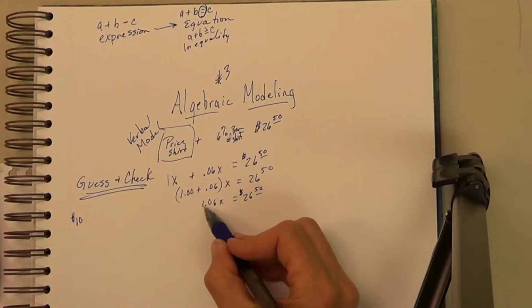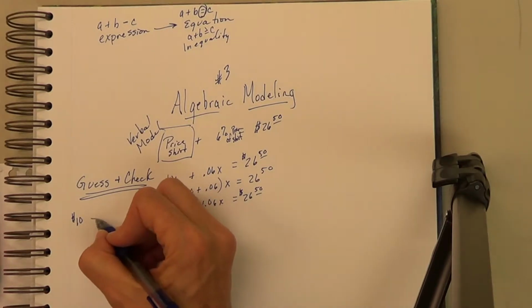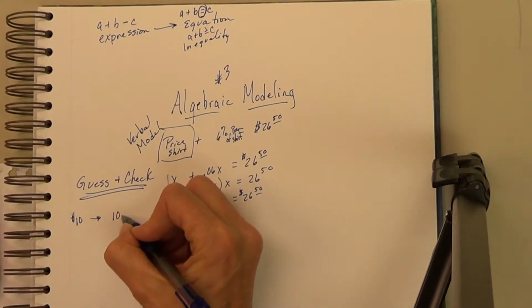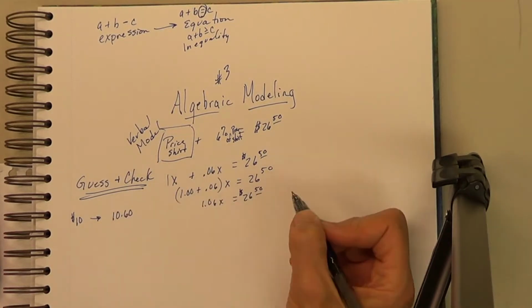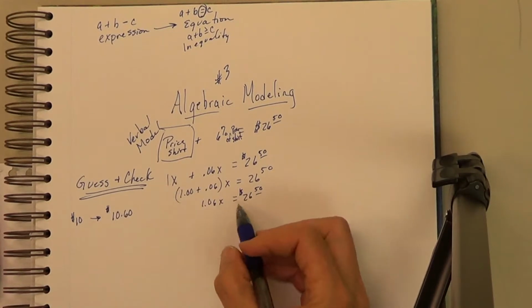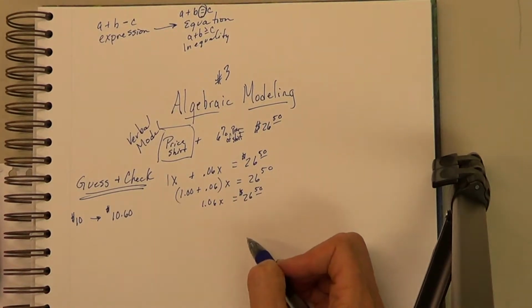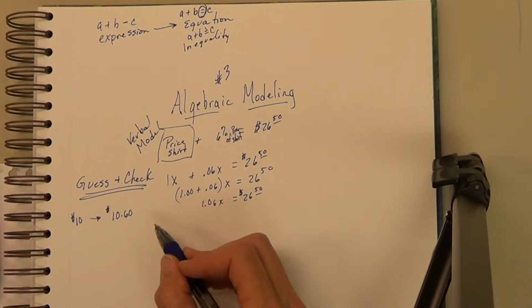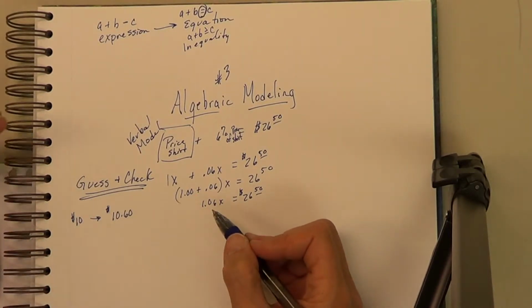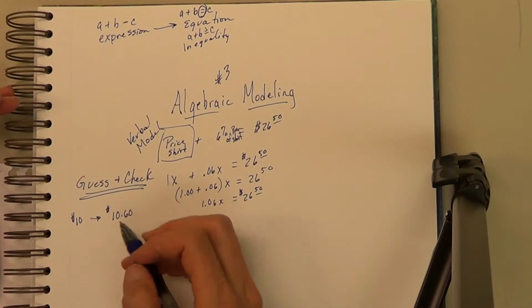If it costs $10, it would move the decimal over, and it would be 10.60 for the total price, because we're multiplying it by 1.06. That's way too low. So what's important here in being smart about how you guess is to increase when your guess was too low.